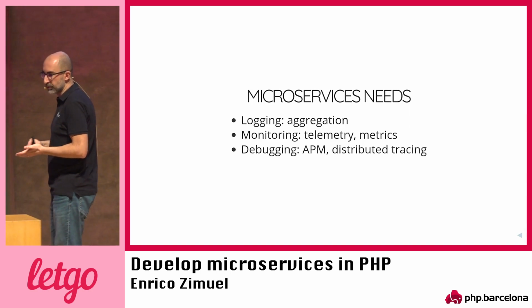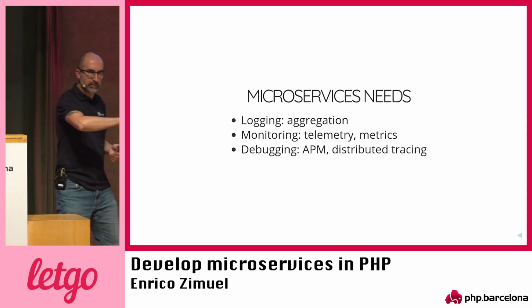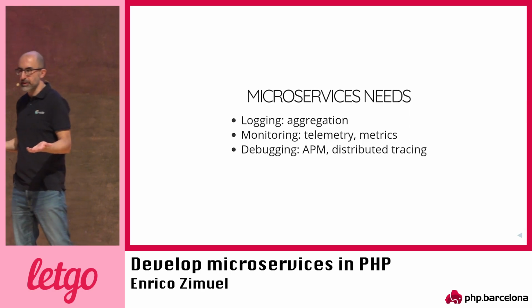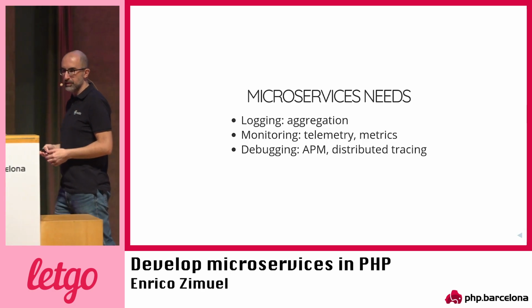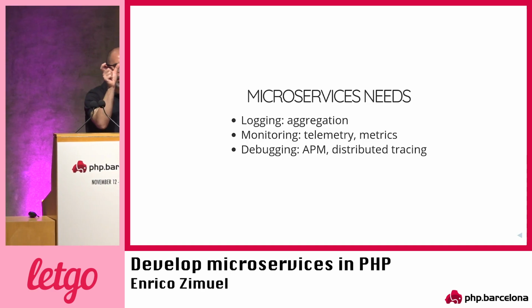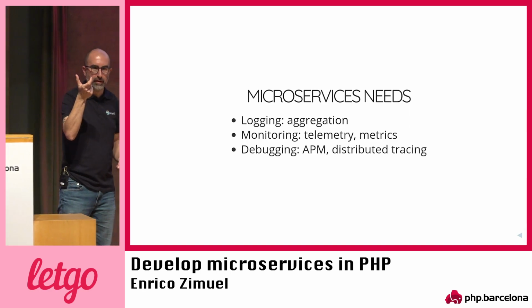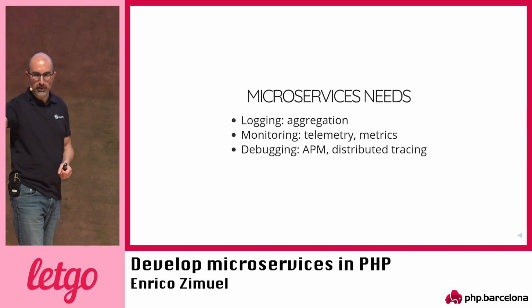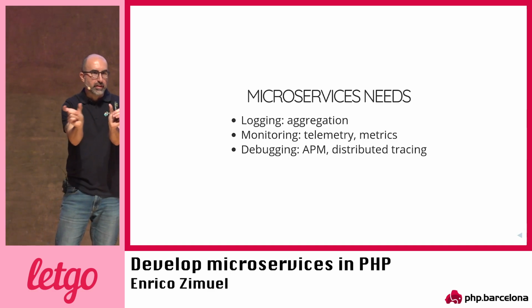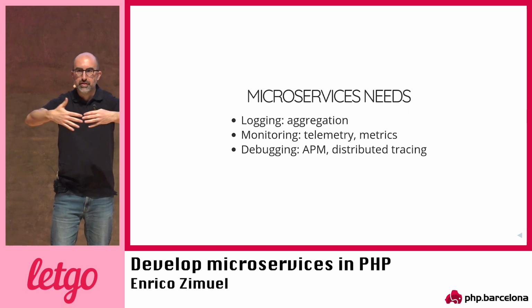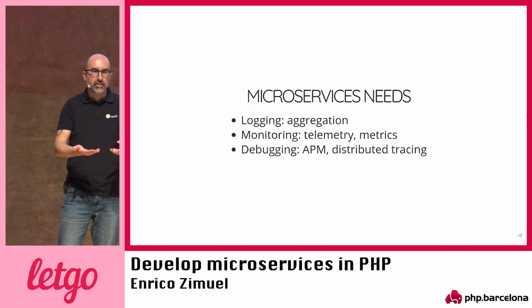And actually, you need more. You need a way to track this jump from one service to another, and this is distributed tracing. Distributed tracing is just a piece of information that lives in the HTTP request, an ID basically, that is present in all the following requests. If you have this ID, and a system that is able to collect all this information, you can actually trace your application.